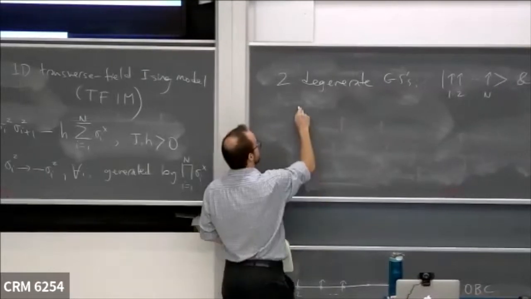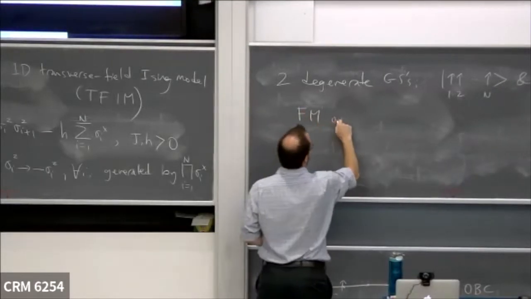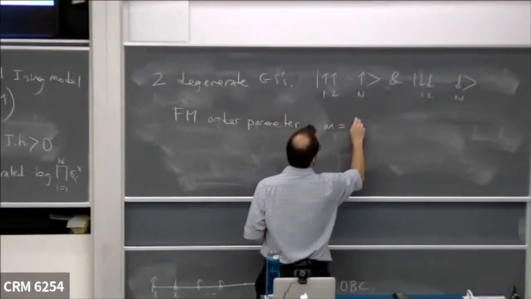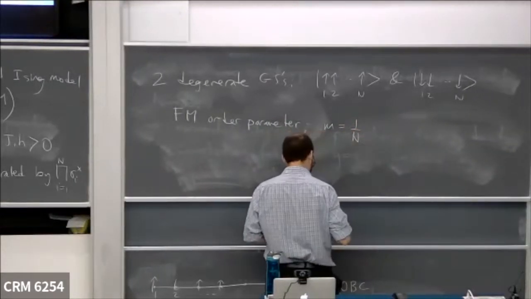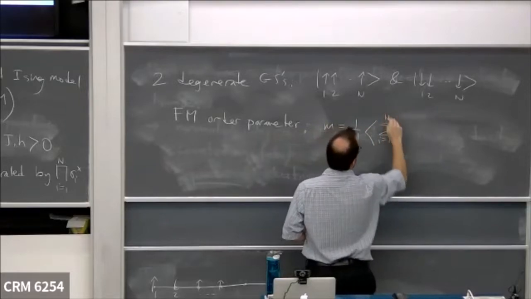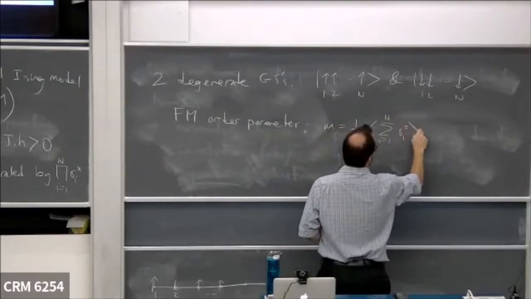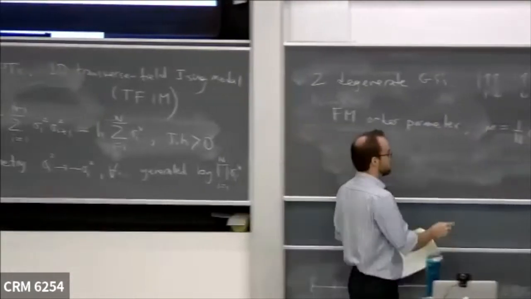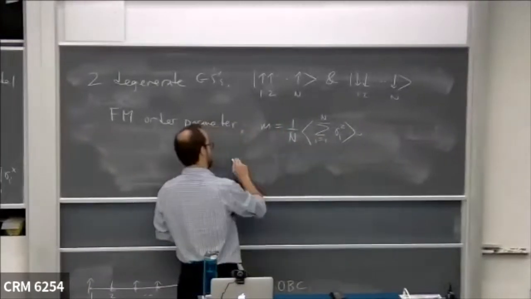We can distinguish them by a ferromagnetic order parameter, m, which is 1 over N, the sum over i from 1 to N of the expectation value of the z component of spin, and so this has a well-defined value in the thermodynamic limit.